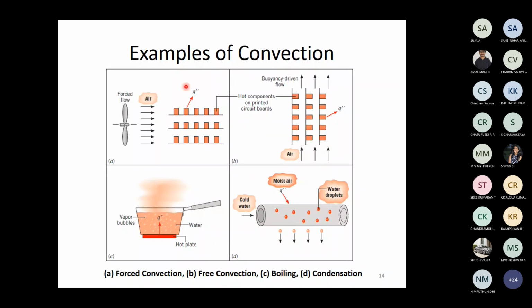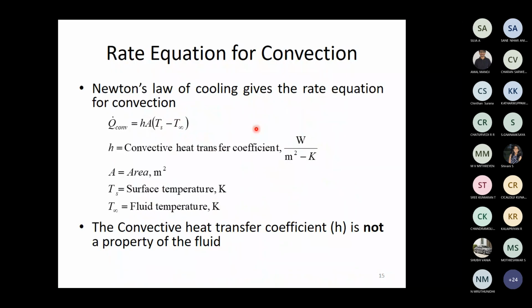So with the same configuration, the same materials, the same heat generation for a chip, when the chip is in a horizontal orientation with forced convection, there will be one value of H, and when the same chip is reoriented vertically and you remove the fan, it will have a different H. Therefore, H is not a property of the fluid. It is a parameter which depends on the orientation and other conditions, which we shall see now.